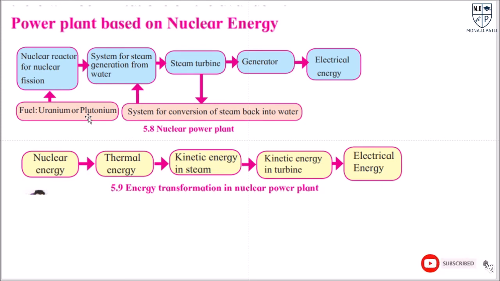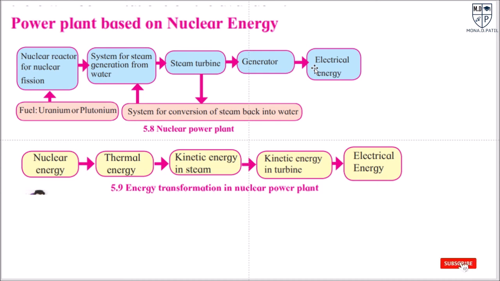In the power plant based on nuclear energy also, a steam turbine is used to rotate the generator. However, here the energy released by fission of nuclei of atoms like uranium or plutonium is used to generate steam of high temperature and high pressure. The energy in the steam rotates the turbine, which in turn drives the generator, producing electricity.